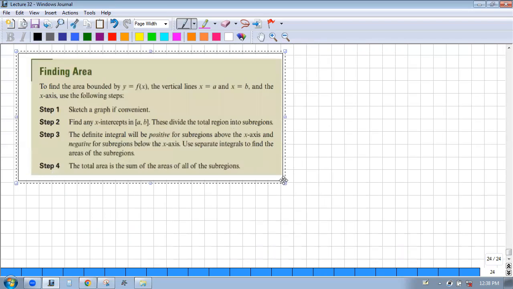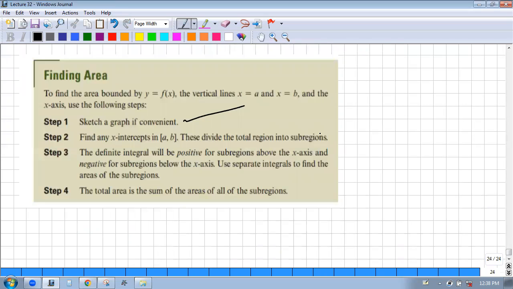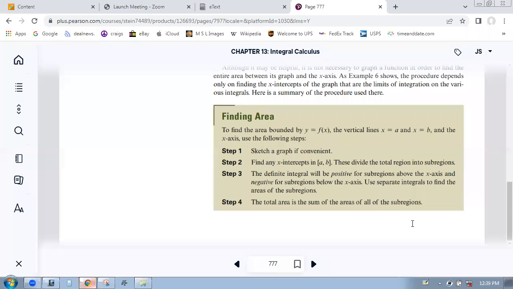Okay, let's see. Steps. Sketch the graph. Figure out where it crosses the axis. It's positive if it's above the x-axis, it's negative if it's below. Add the areas. Boom. Pretty straightforward, right?